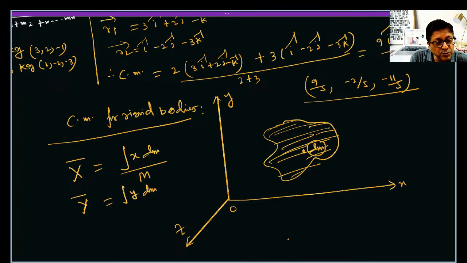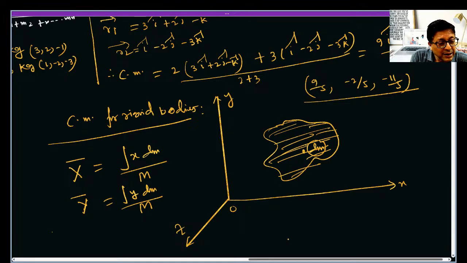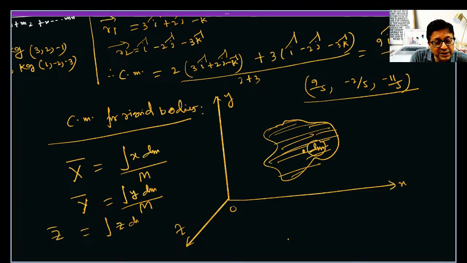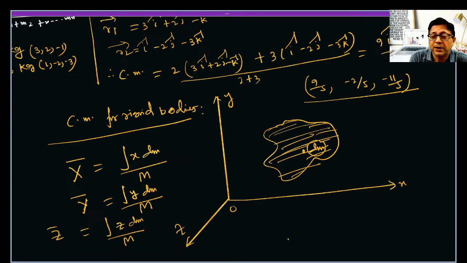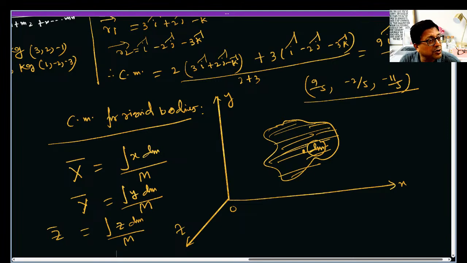Integration y dm by total mass, and z bar given by integration z dm by total mass. For a one-dimensional object, you take it along x-axis, use this formula. Okay, you can get the position of center of mass.